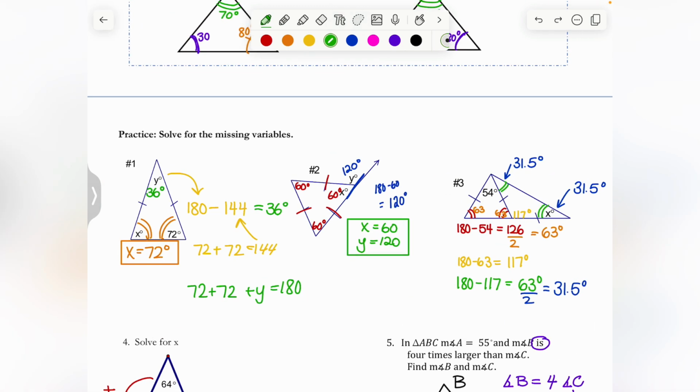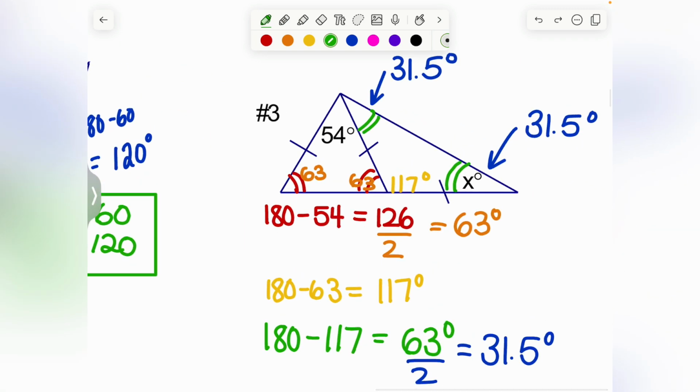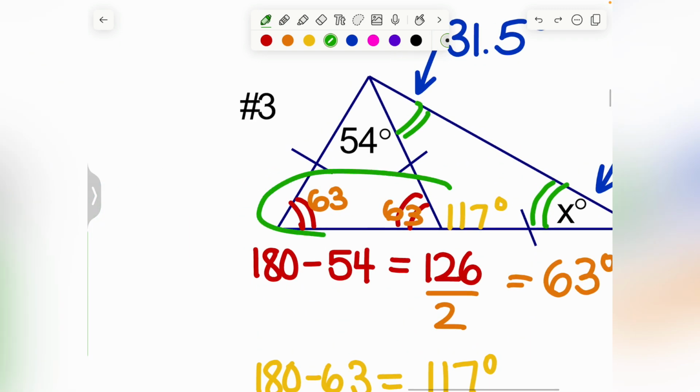So either way. Number 3 was really tough. So hopefully we got it, but if not, I think it's hard to figure out how you can get these. If you want to call these like a variable, you can. What I did was just, okay, all 3 of these angles have to add to 180. So let's subtract 54 from 180, and that leaves me with 126, and these need to be even. So they need to be exactly the same.